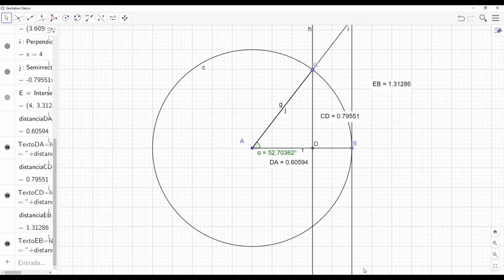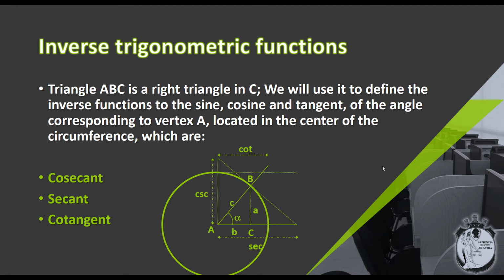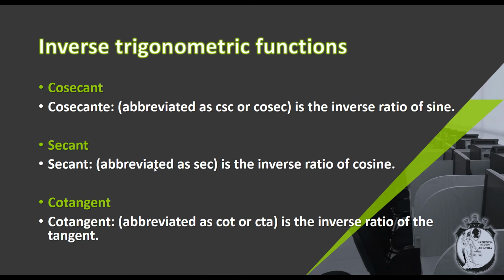Okay, now we have other trigonometric functions that are named inverse. Those trigonometric functions are used to calculate the angles. They are cosecant, secant, and cotangent. Okay, you only need to remember that they are the inverse.